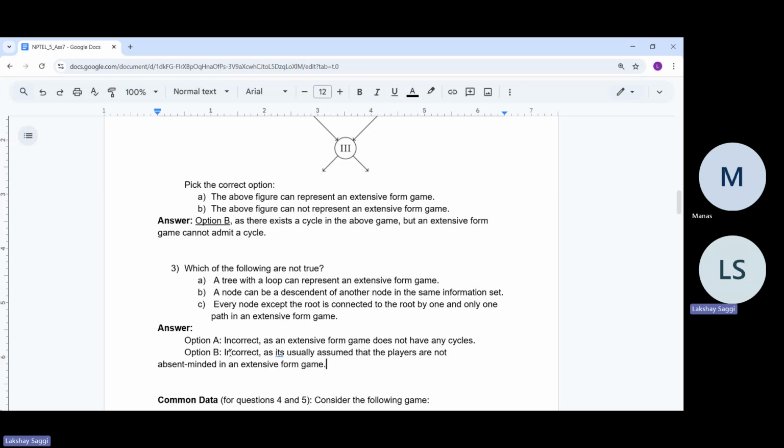One might say it's up to the convention whether you're assuming absent-mindedness or not, but in the standard definition, we'll be assuming that there is no absent-mindedness.